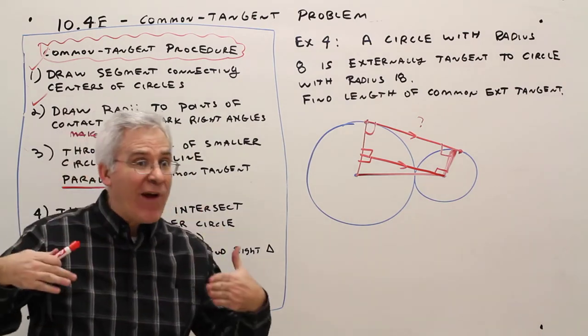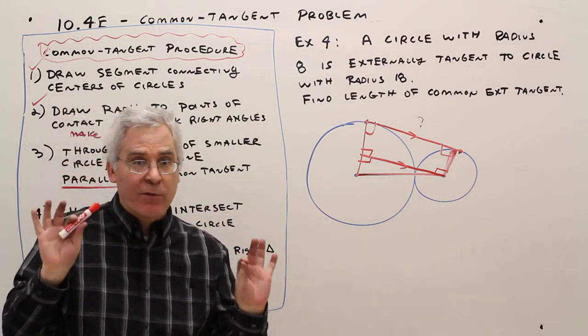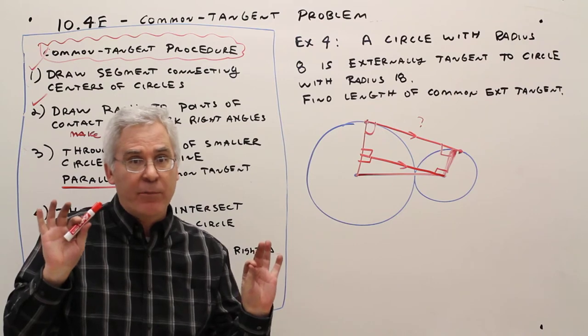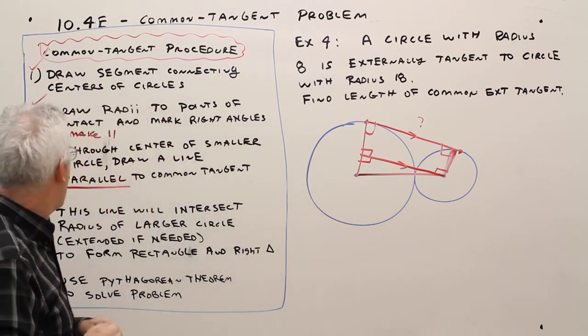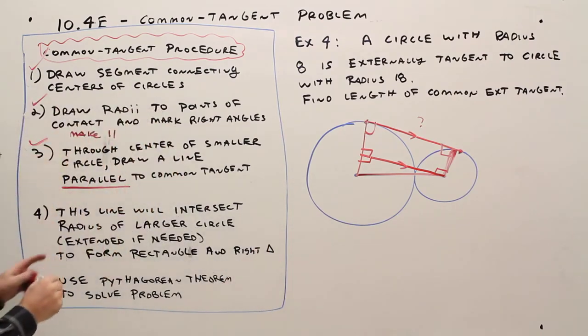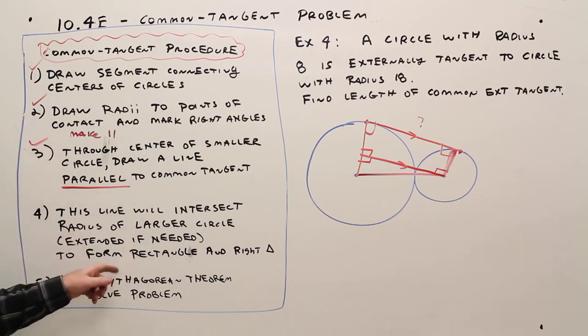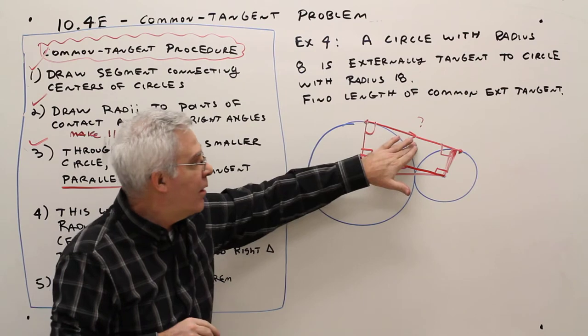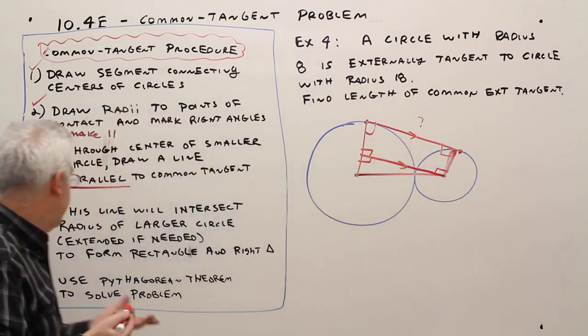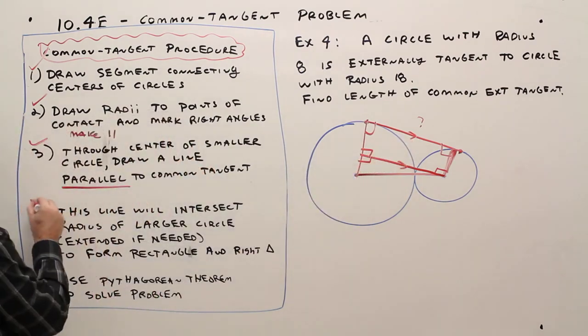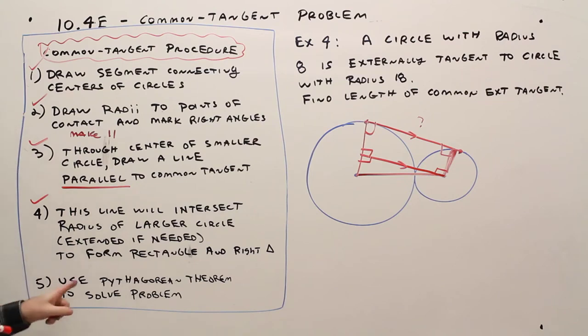Again, to avoid right angle confusion. That's a big source of mistakes and problems when students are doing it. Okay, step 4. Basically observe that we formed a rectangle and a right triangle. Okay, I've observed that.